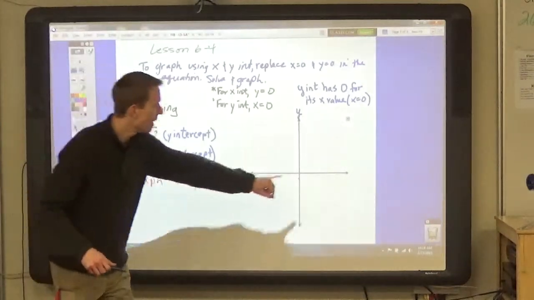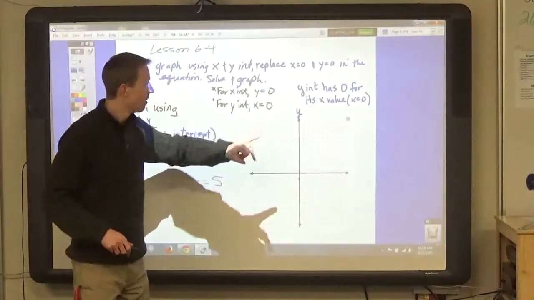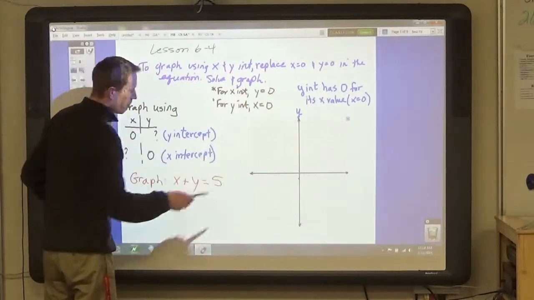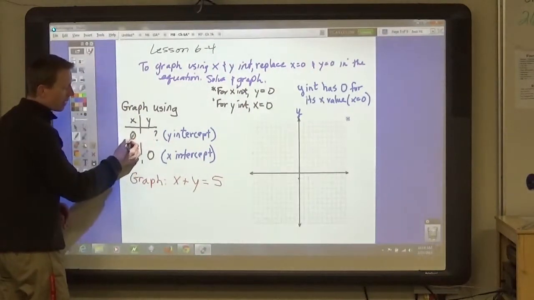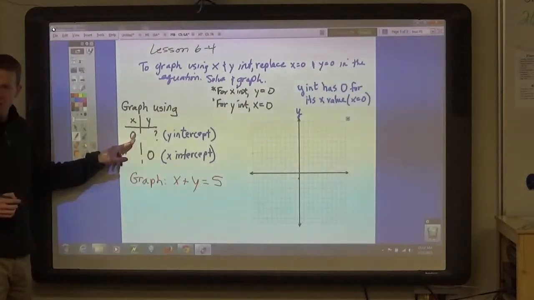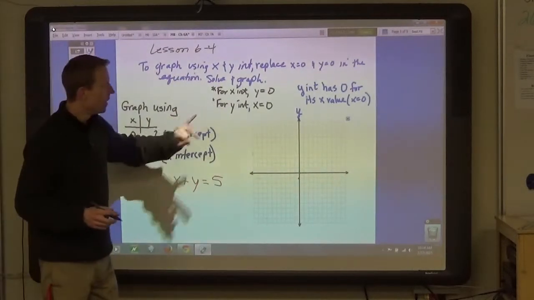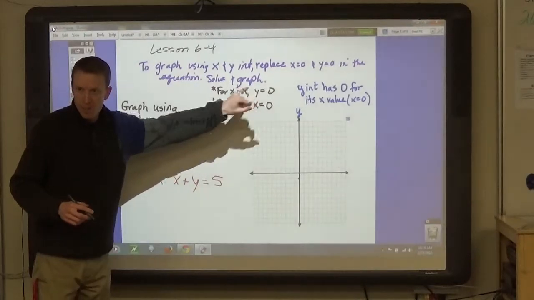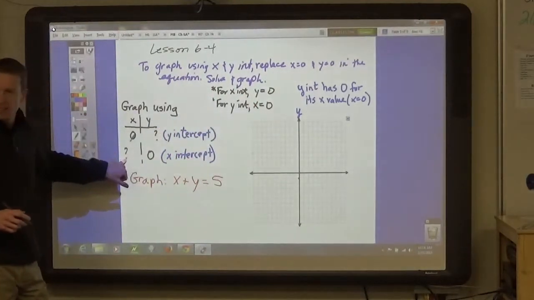It's 0 because it's on the y-axis. So when you're finding the y-intercept, you can make x 0. Does that make sense? And if you're going to graph and find the x-intercept, that means that the y is 0.